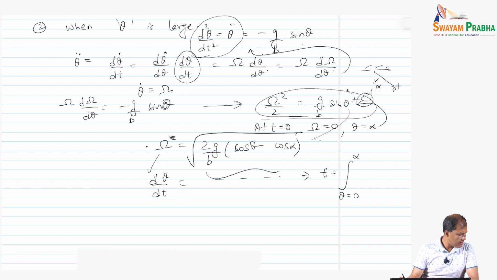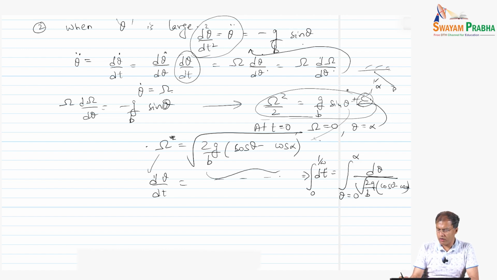So we will have that this is going to be 0 to alpha. So dt is this quantity d theta divided by square root of 2g by b times cos theta minus cos alpha, and t will be from 0 to 1/4.